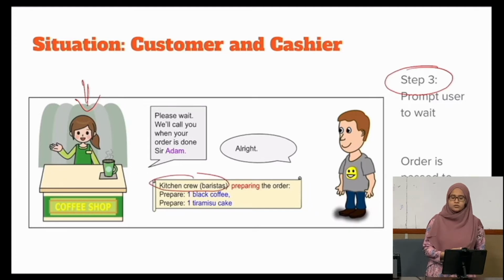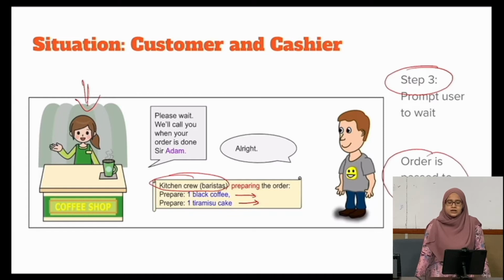So the preparation, they need to prepare one black coffee. And then the second part is they need to prepare one tiramisu cake as per ordered by the customer. So in this step 3, basically we will prompt the user to wait and then the order is passed to the kitchen crew, right?